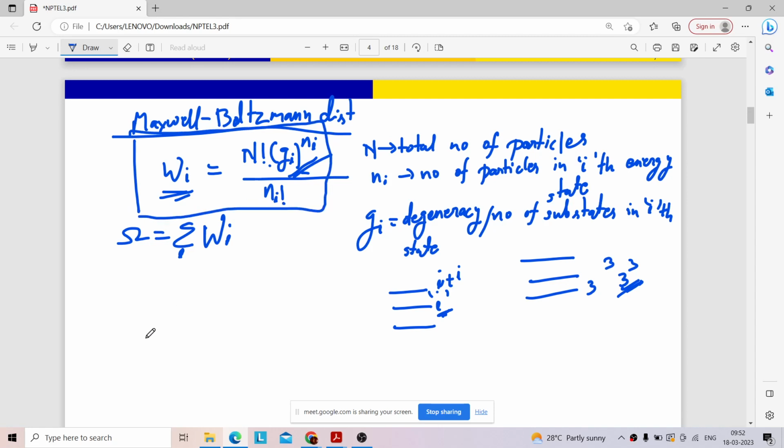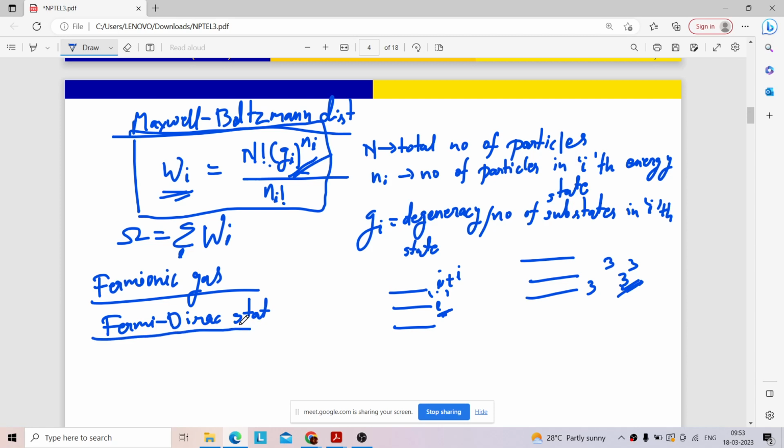Next we'll see the fermionic gas. Fermionic gases obey Fermi-Dirac statistics or the Fermi-Dirac distribution.